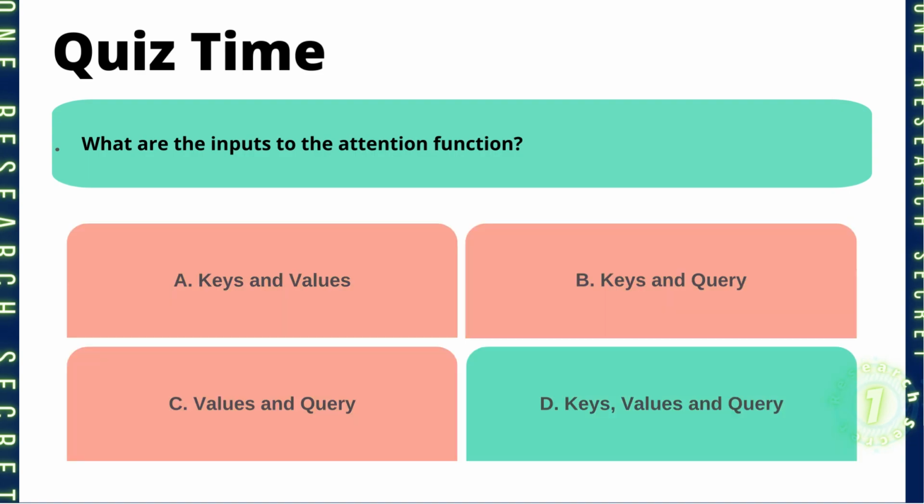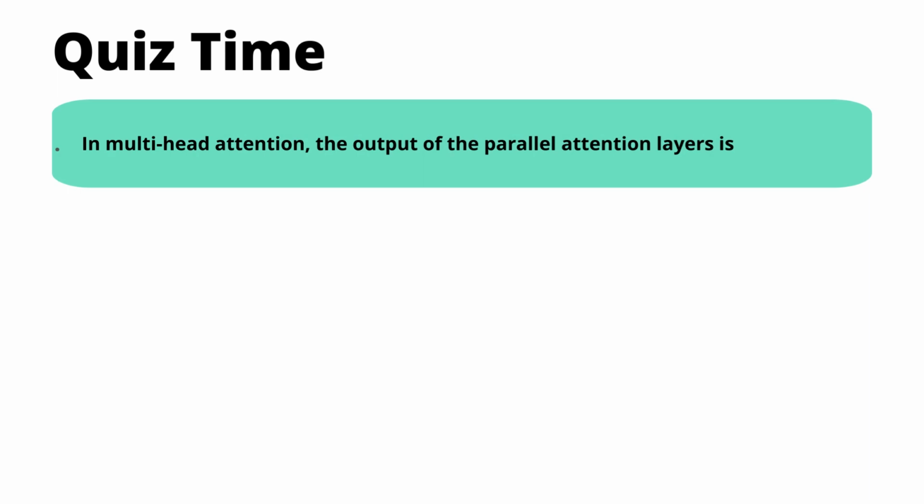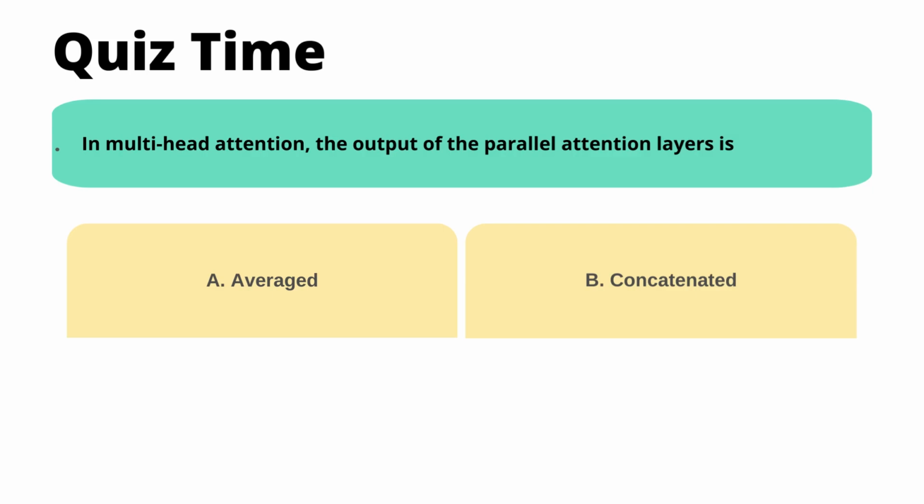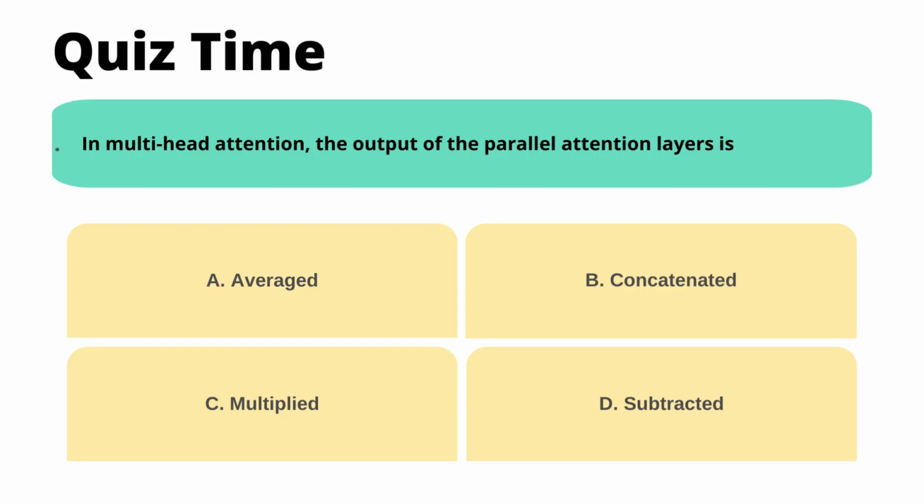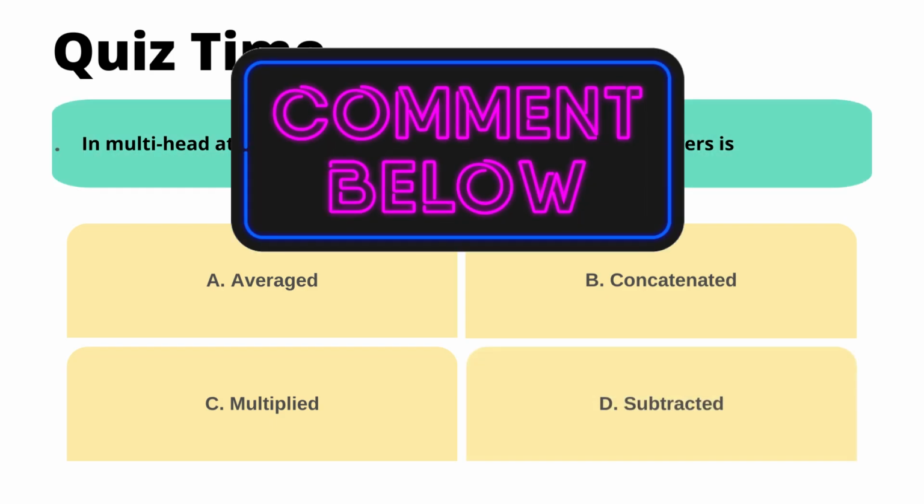The correct answer is keys, values, and query. Now to the quiz of this video. In multi-head attention, the output of the parallel attention layers is A. Averaged, B. Concatenated, C. Multiplied, or D. Subtracted. Let's see if you can answer them right in the comment section.